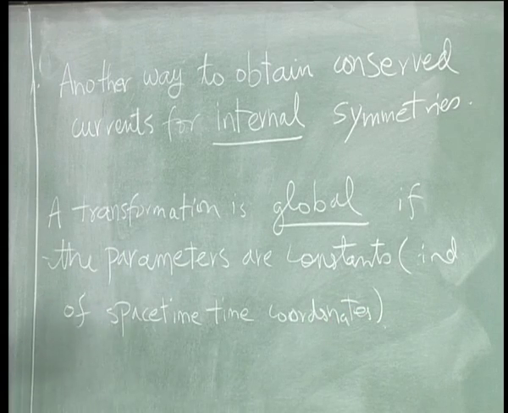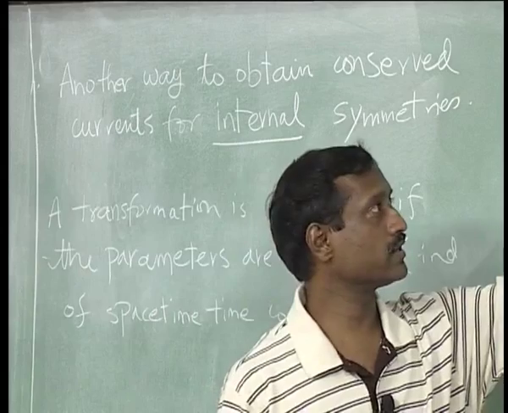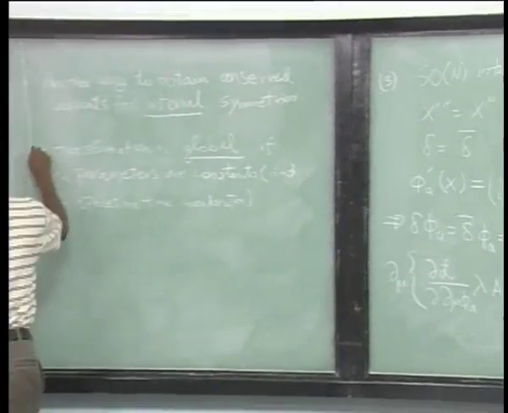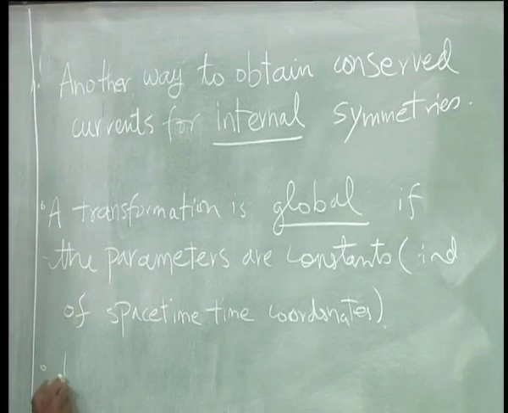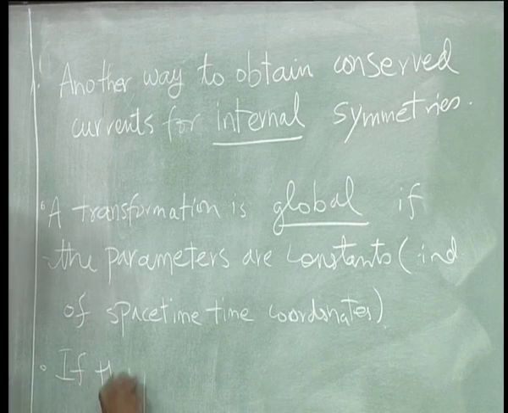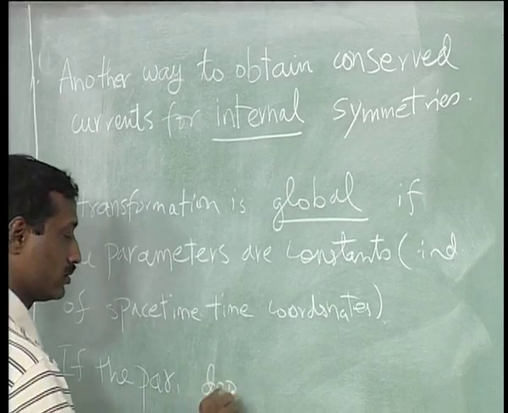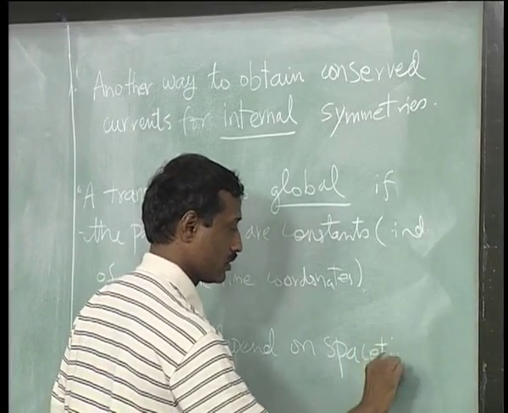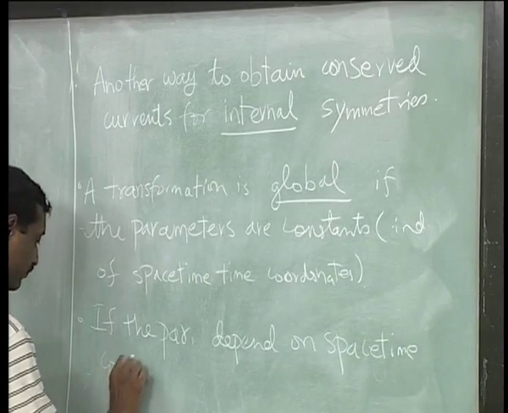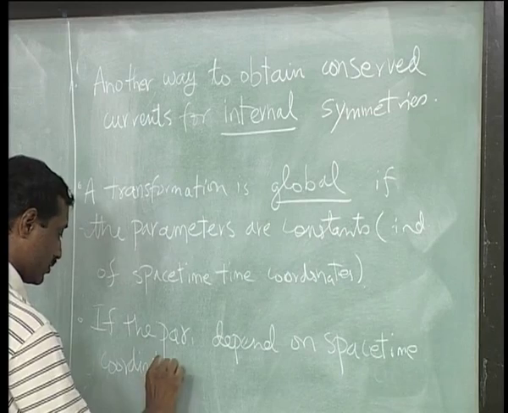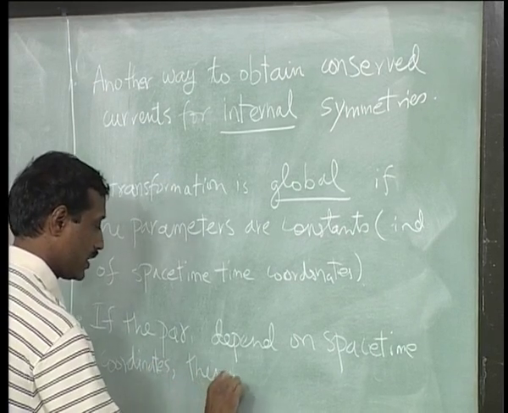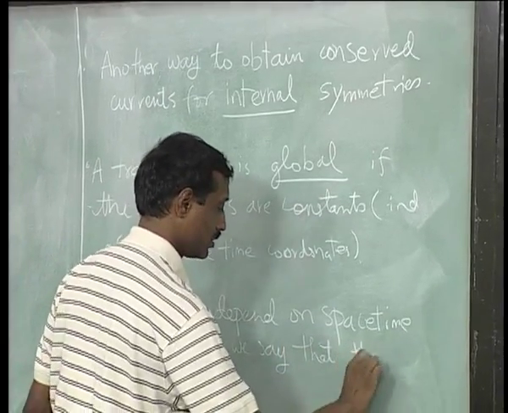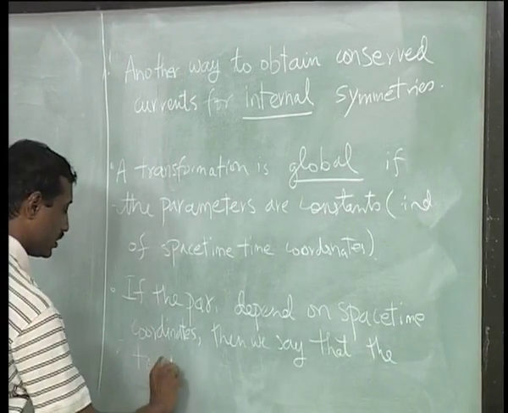So, for instance, one would say that there is an SO(N) global symmetry out here, as opposed to if the parameters depend on space time coordinates, then we say that the transformation is local.